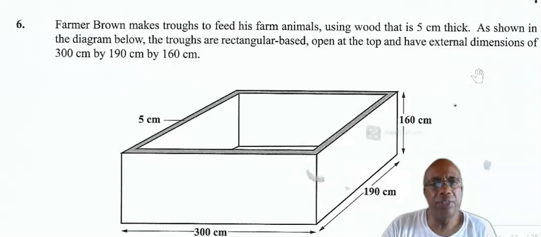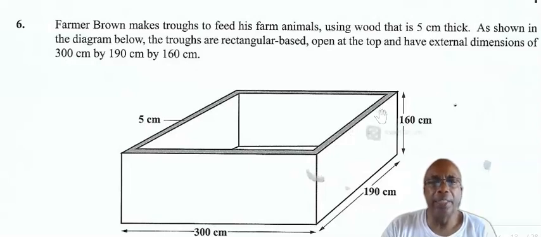The question reads, Farmer Brown makes troughs to feed his farm animals using wood that is 5 centimeters thick. So the box here is made of wood 5 centimeters thick.